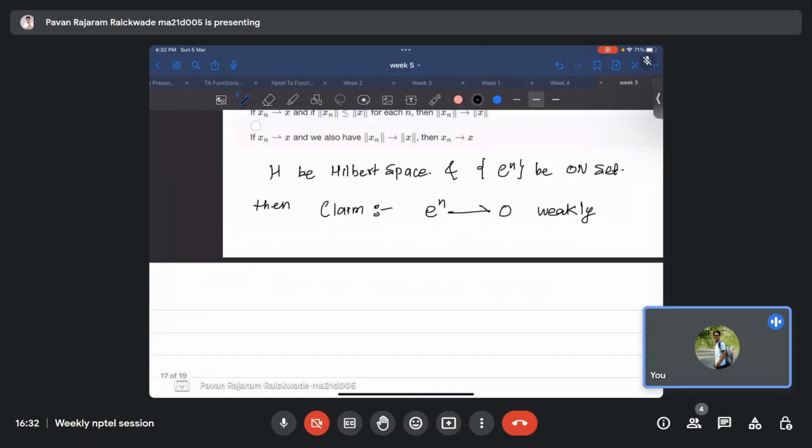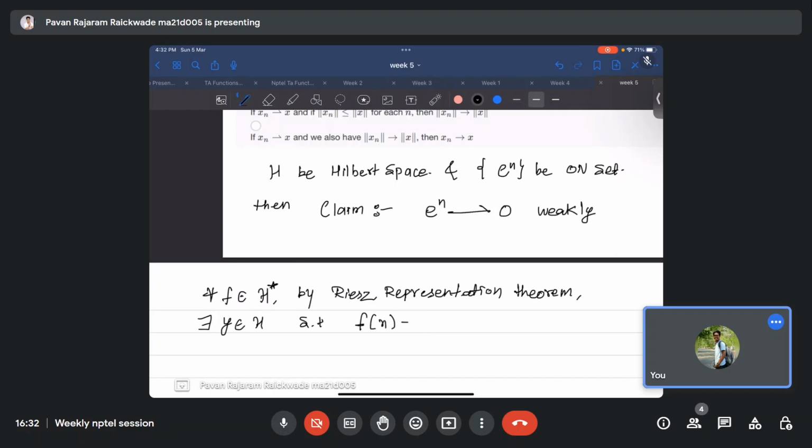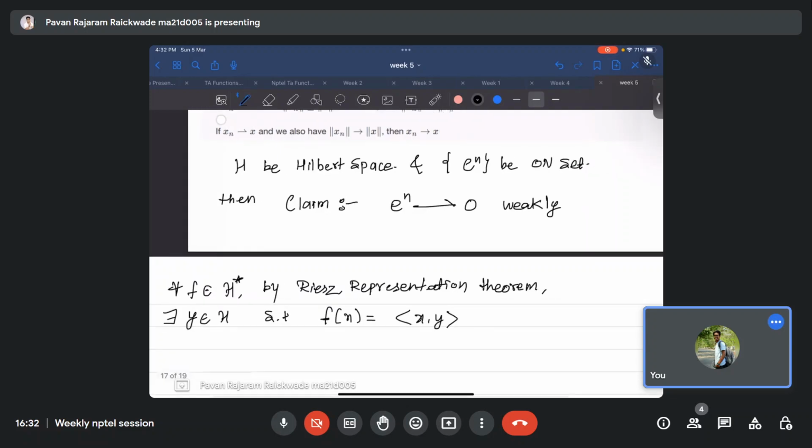On a Hilbert space, for all f belonging to H*, by the Riesz representation theorem, there exists some y belonging to H such that f of an element x equals the inner product of x with y, right?